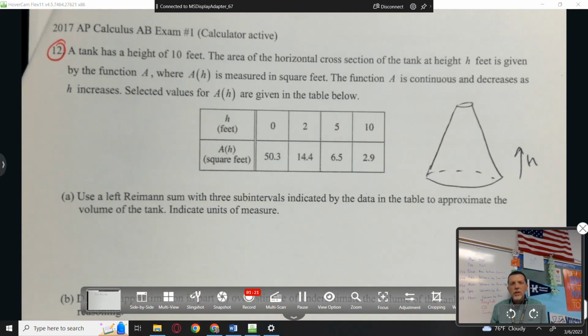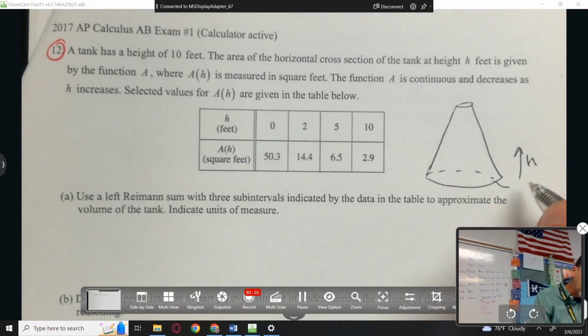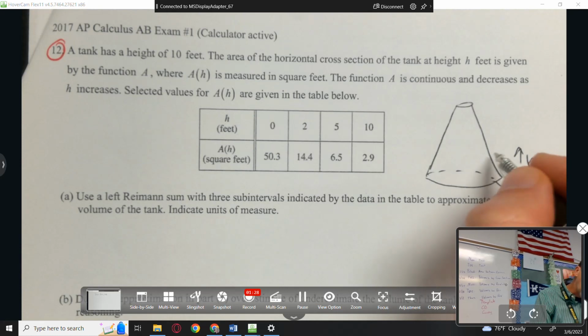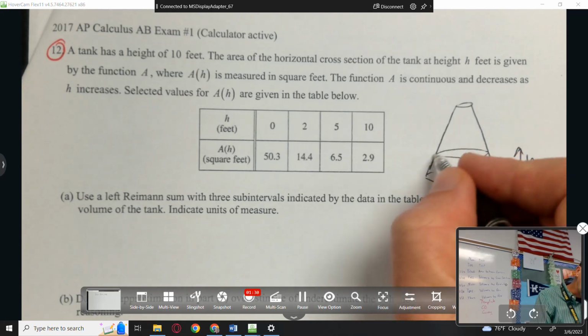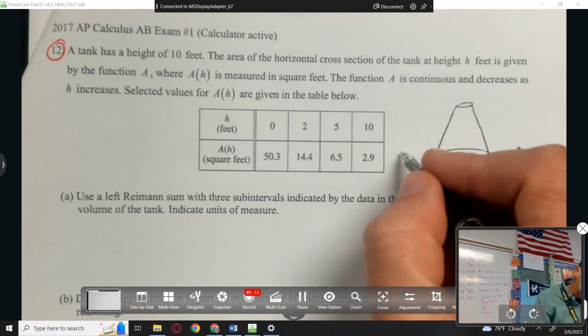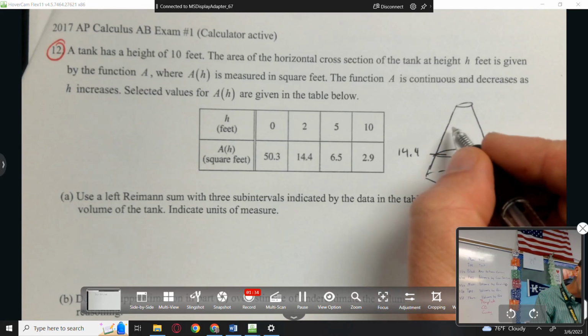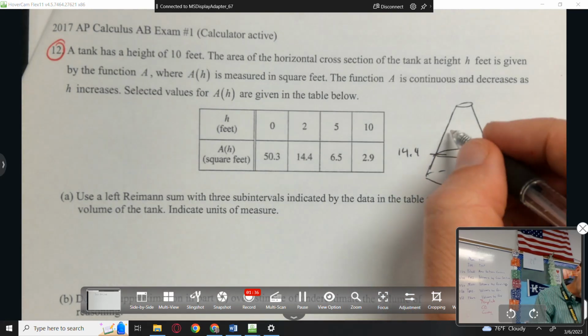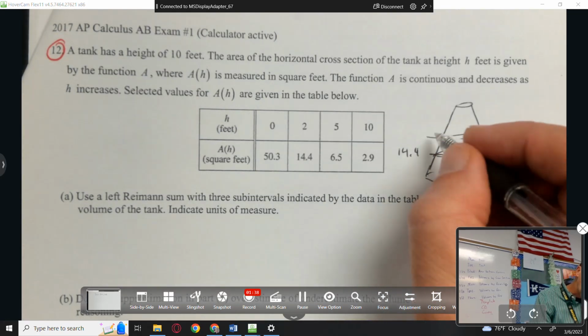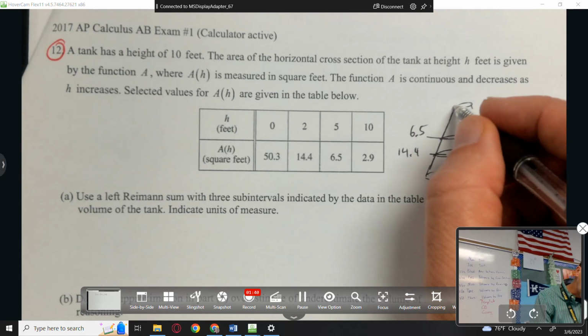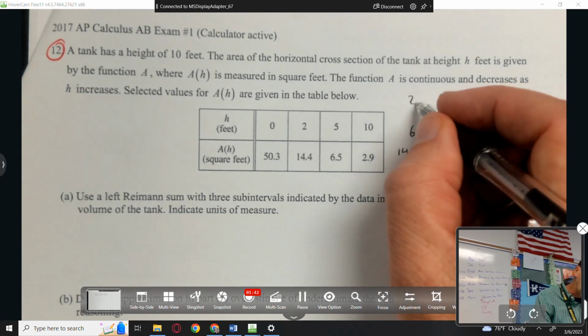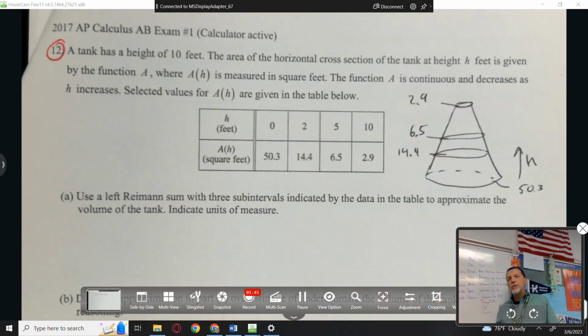We just know the cross-section down at the bottom is 50.3, and then at 2 feet up, it may not even be a circle, but that cross-section is 14.4, and then at 5 feet up, 6.5, and then all the way at the top, that area is 2.9. You don't need to draw that out, but maybe that helps visualize and see what they're trying to tell us here.